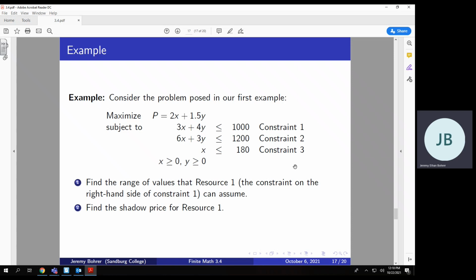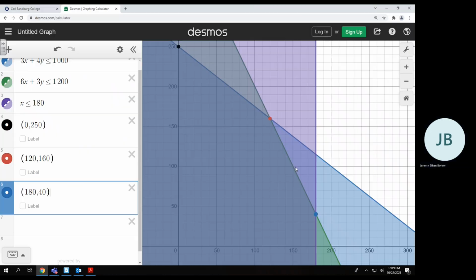We first find the range of values that resource 1, the right-hand side of constraint 1, can assume. We've got our same graph here.